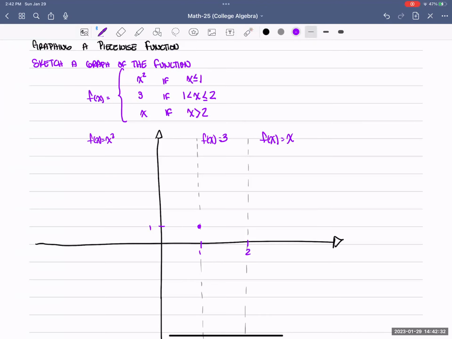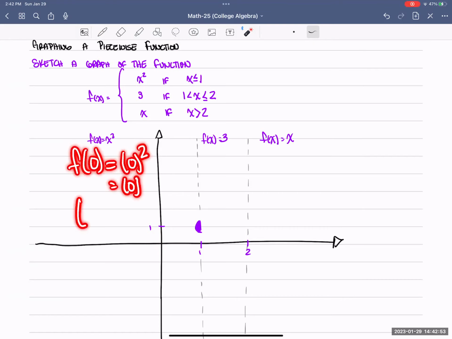So we're going to make it super obvious that we're including this point. Another point, let's graph x equals 0. So f of 0 is equal to 0 squared, which is just 0. This gives us a point 0, 0.